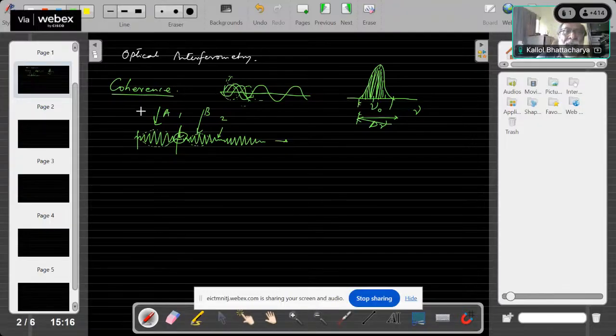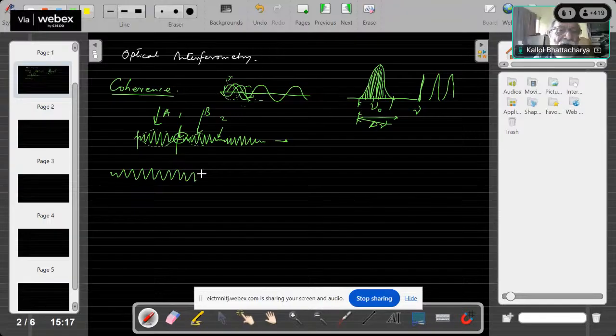If this is my spread for the sunlight, then the spread for a laser may be something like this, which is very narrow, maybe very close to a delta function, but not exactly a delta function, it will have some spread.